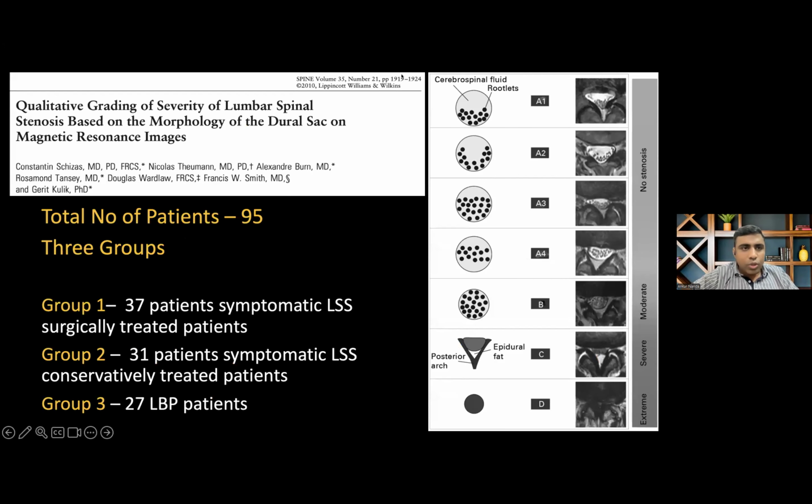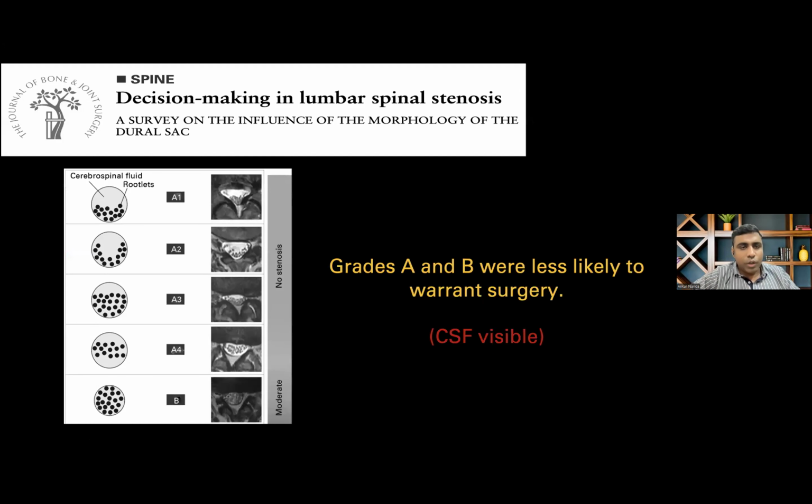Dr. Tarun just talked about Schizas grading. This study was done by Konstantin Schizas, where he looked at various types of morphology of the dural sac and tried to identify which ones will require surgery and which ones will not. This is a great paper published in JBJS, which looked at different Schizas grades.